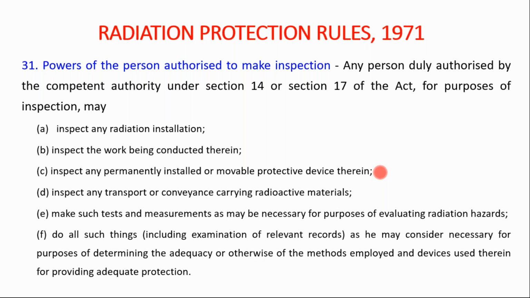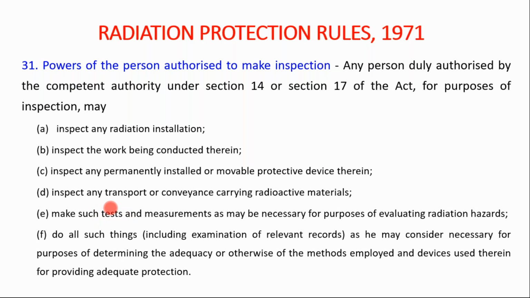Then inspect any transport or conveyance carrying radioactive materials. So inspection should be done whenever you are going to transport or move radioactive material or quantity from one point to another point. Then make such tests and measurements as may be necessary for the purpose of evaluating radiation hazards.